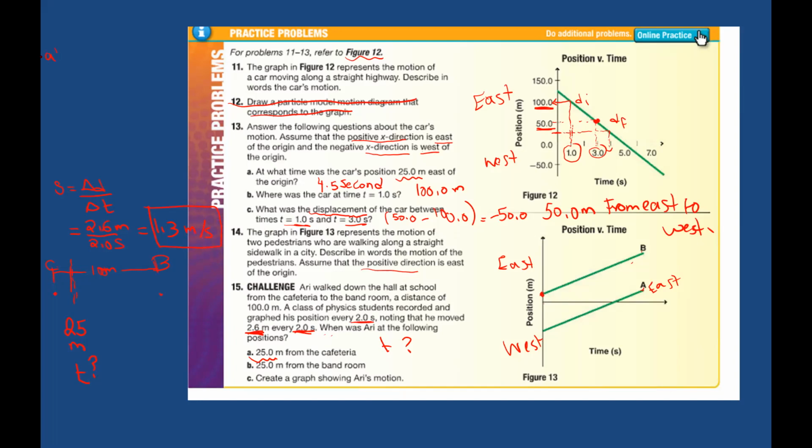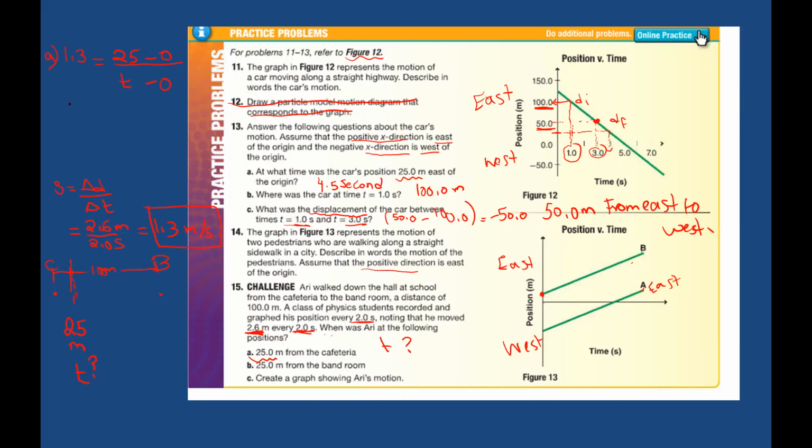When the speed is constant, it's always 1.3, for whichever delta D and delta T I have. So if I take my final position to be 25 and my initial position in reference to the cafeteria is 0, and I need to find my T final, and my T initial is 0, then the minus 0 can go.